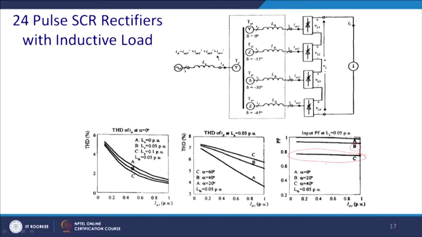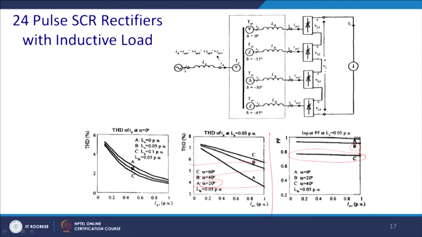So, in terms of power quality, there is not much difference between the 18 pulse and the 24 pulse converter. But here there is an advantage. You can see that A goes to less than 4% for alpha 20 degree for full load. Similarly, this is B, it is 40%, and C, that is 60%.